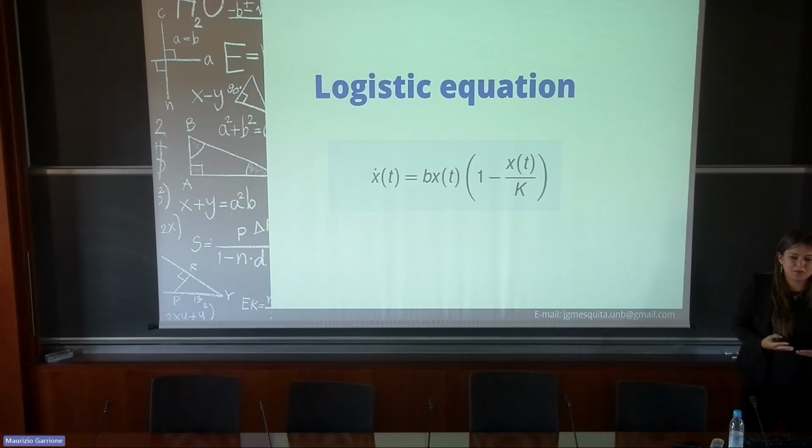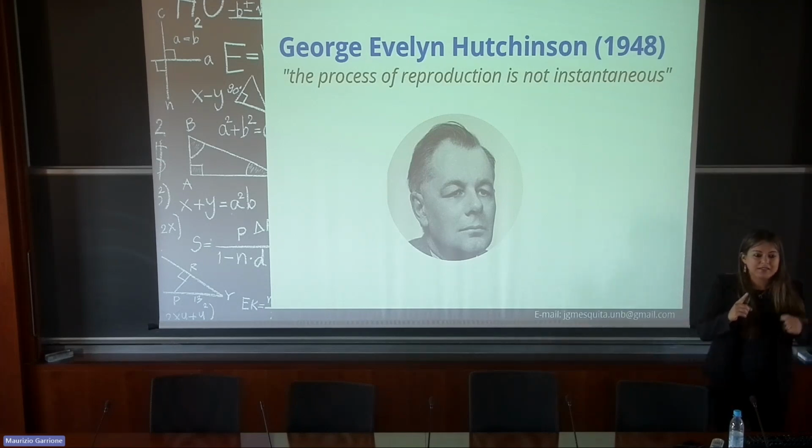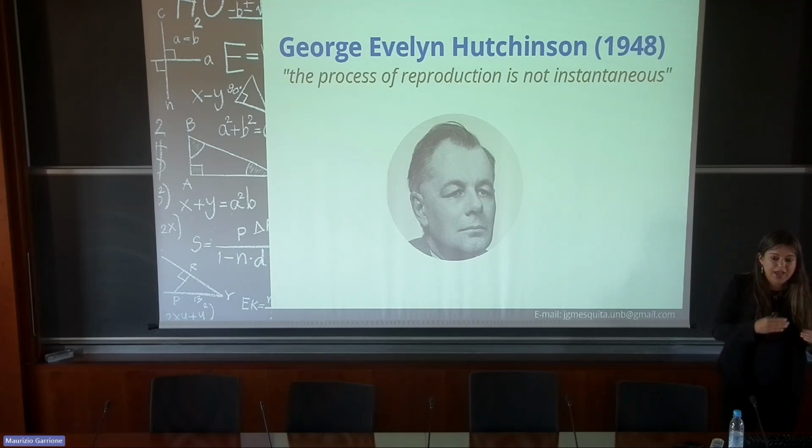After that, Hutchinson was one of the first to think that, okay, the logistic equation is very nice, however, it does not consider the time in between the birth and the entry into the maturation process. So you need to have this time in between.